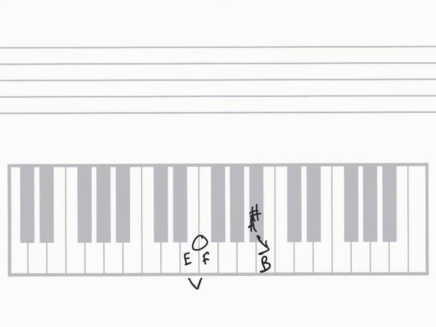Or if I wanted to go the half step higher than C, I could call that C sharp or D flat, but one way or another we're going from the white key to the black key. So those are all half steps.